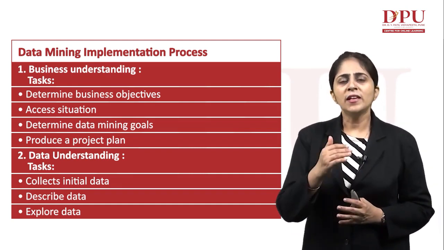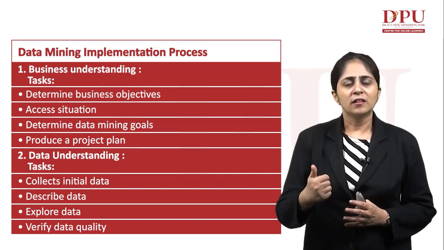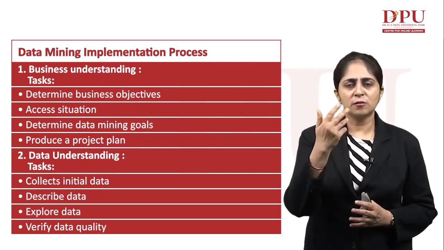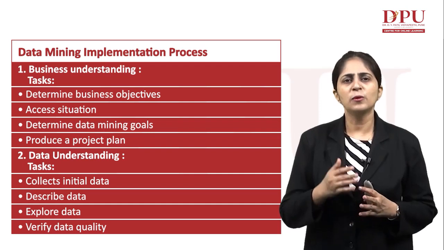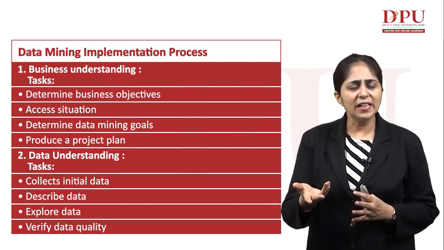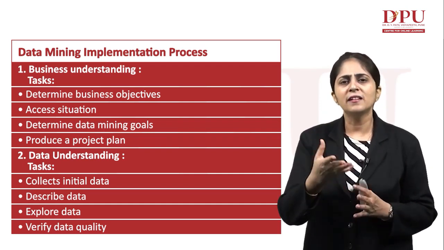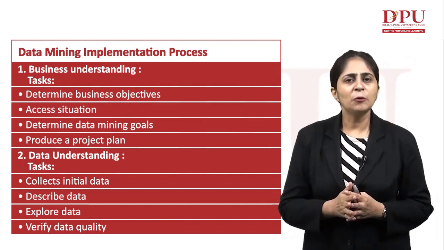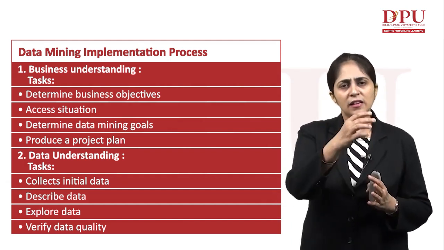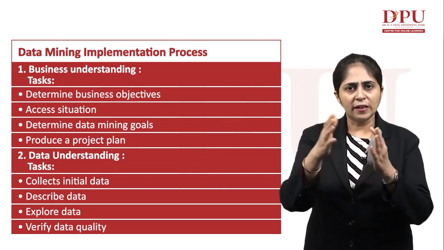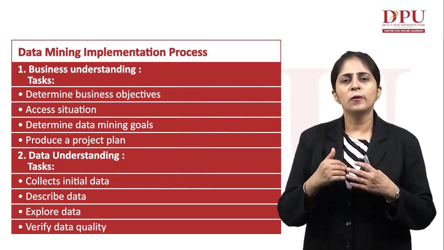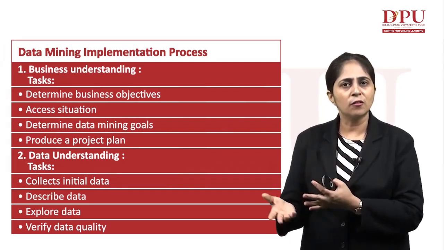After that, we have to verify the data quality. That means there can be some data produced using these processes which is not of enough quality, which is not producing any relevant result. So at that point of time, we need to verify it. Is this data required? If we collect and store this data, will it produce effective results?